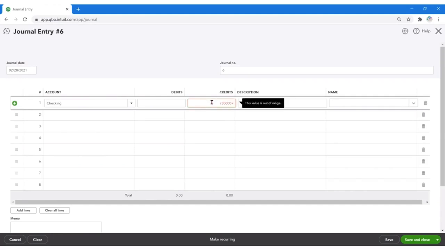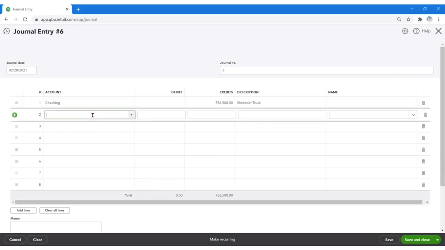I'm going to hit the plus sign and do a formula right in this field. I'm going to add $5,000 for the delivery plus $1,500 for sales tax. So the total for that particular vehicle, the shredder vehicle, is $756,500. So that's money coming out of the bank account.